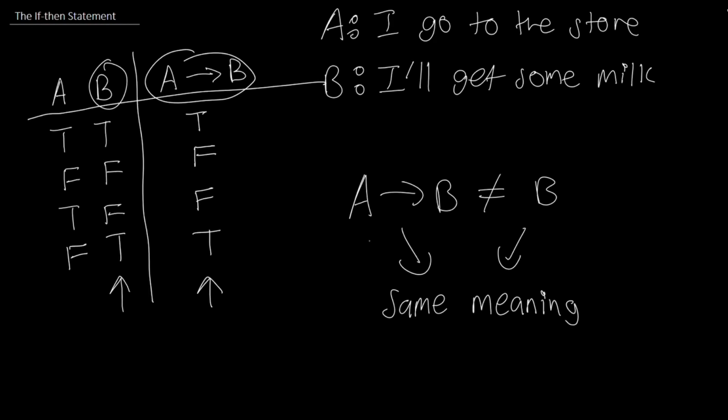Well, no, clearly this sentence is completely different from this sentence. They don't convey the same meaning at all. One of them is an if statement, and B is like I'll actually get some milk. I hope I don't have to explain this, but it is 100% clear that this doesn't have the same meaning as this.